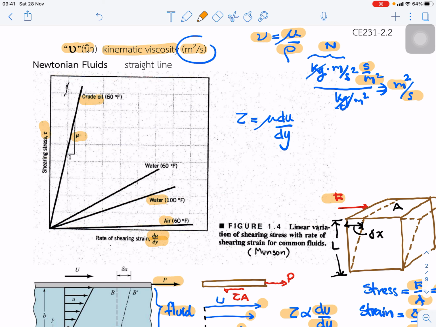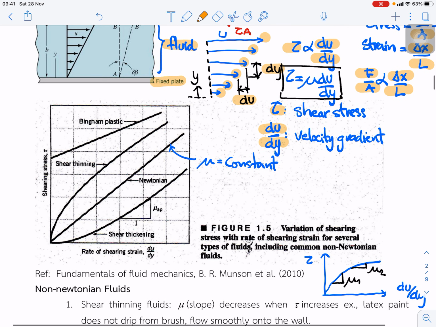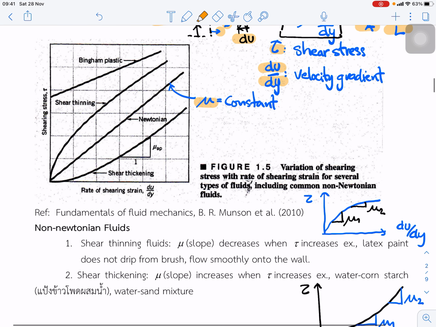That is what we call the linear relationship. But in some cases mu is not constant, for example the top one. If it's not constant, we call it a non-Newtonian fluid.